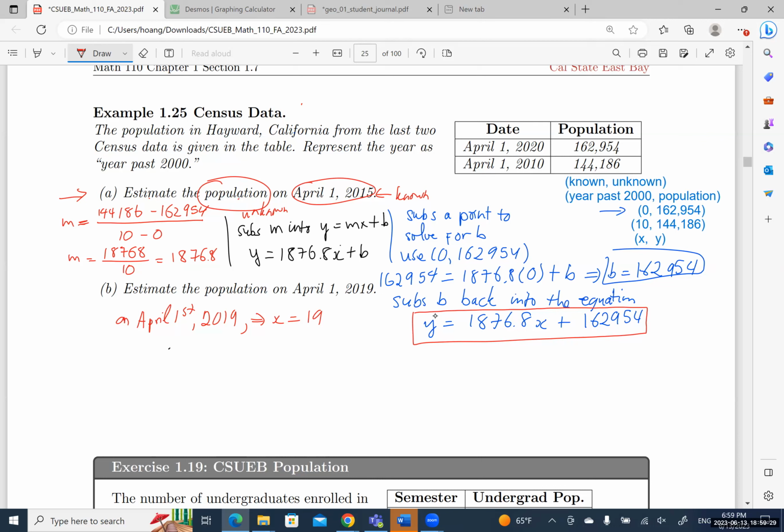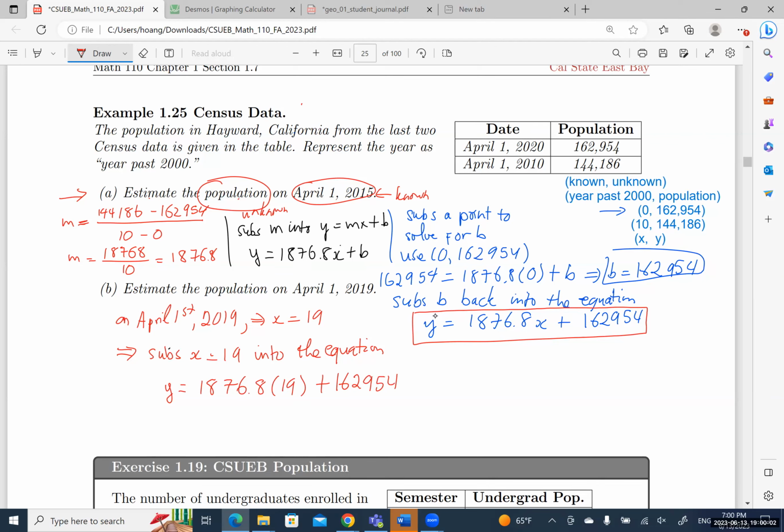So then we can substitute x equals 19 into the equation. We have y equals 1,876.8 times 19 plus 162,954.